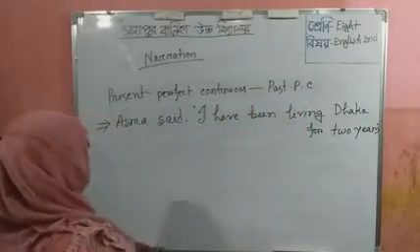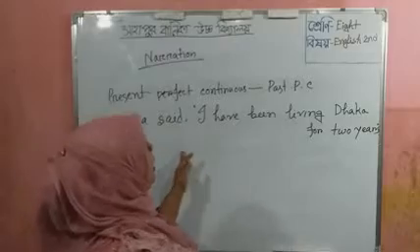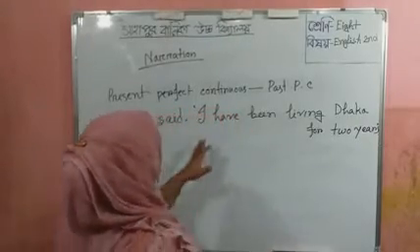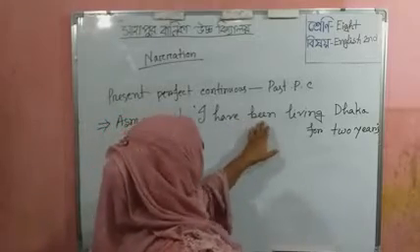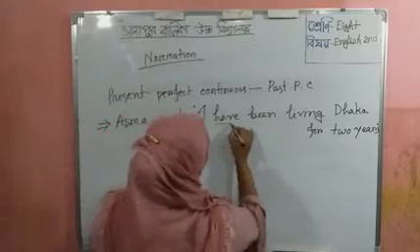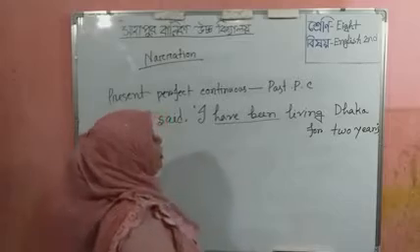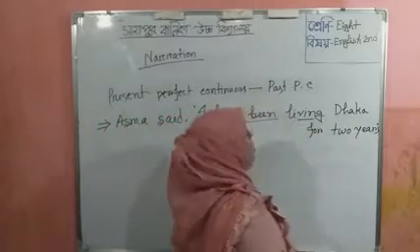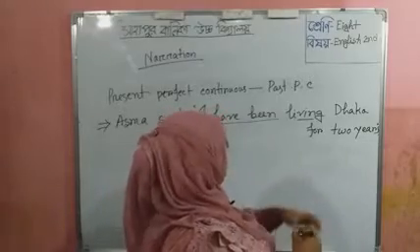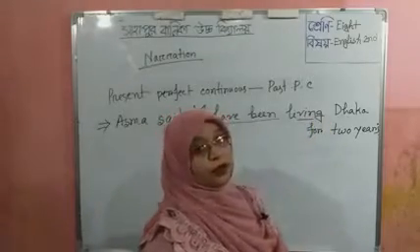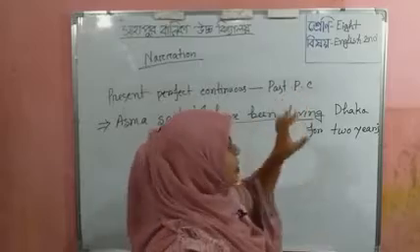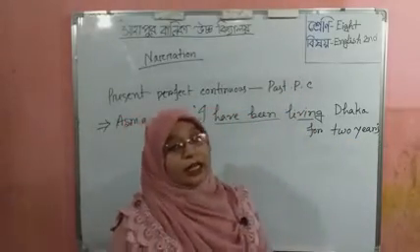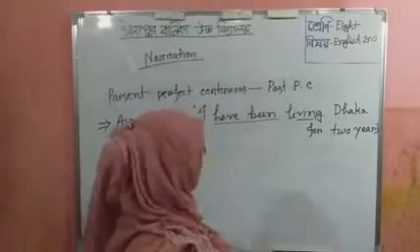So what did Asma say? Asma said, I have been living in Dhaka for 2 years. "Have been" is the auxiliary verb of present perfect continuous. "Living" is the verb to which we add -ing, making it a gerund, and "Dhaka for 2 years" is the time-bound part of the sentence.